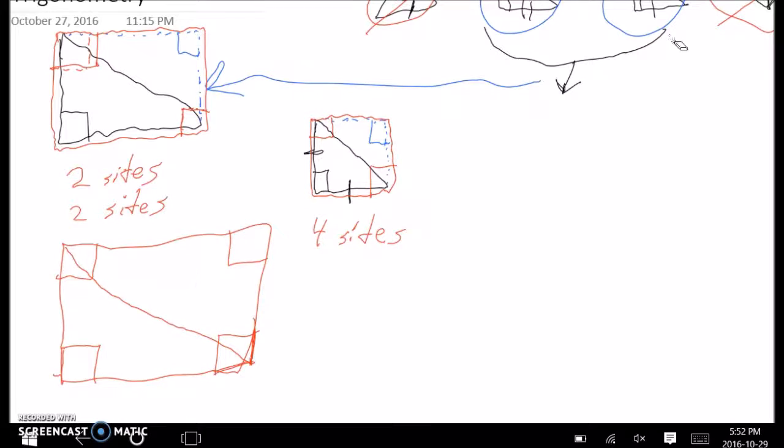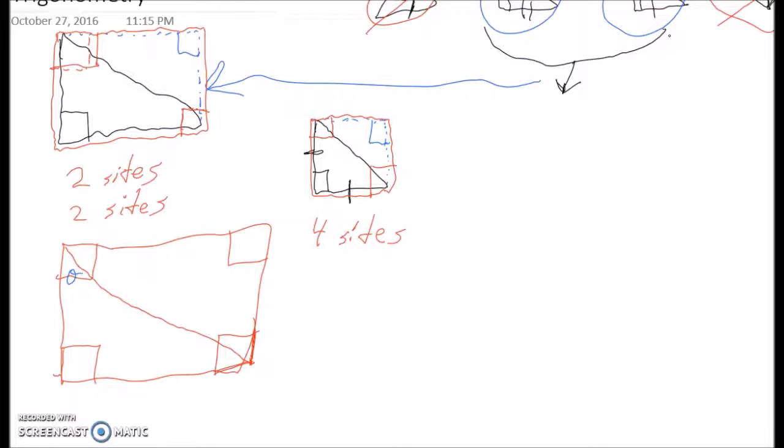Now, each of the triangles has one right angle, but the other angle here, let's call this theta, is not a right angle. It's smaller than a right angle. It has to be, because a triangle is made of 180 degrees, which we're going to look at in a second for why. But it has to be smaller than 90 degrees because there's another triangle beside it, okay? This is the triangle beside it.